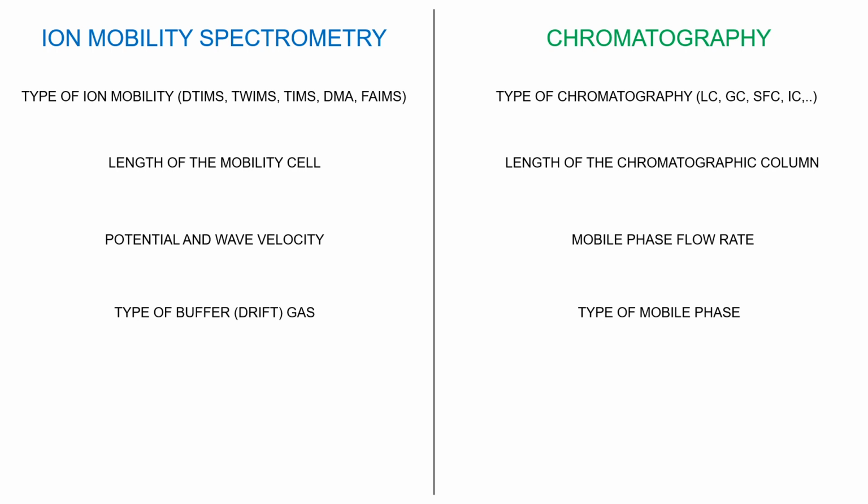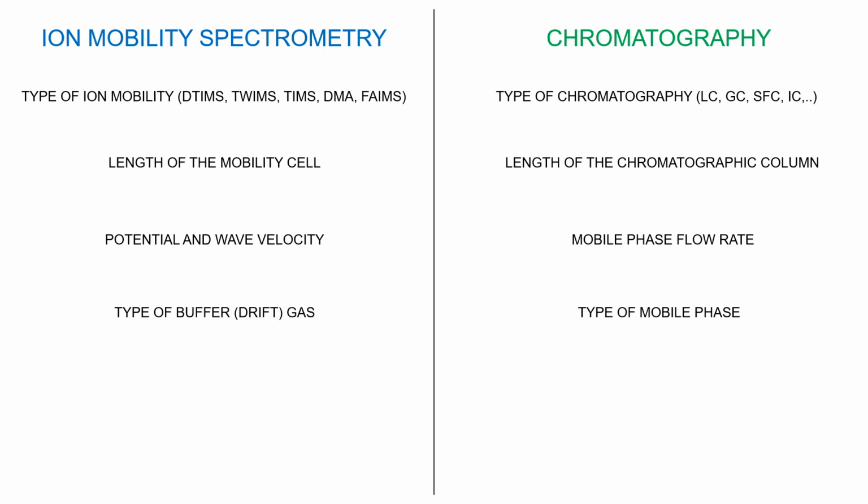It is interesting to note that there is an analogy between ion mobility and chromatography. Both are separation techniques where the types of ion mobility, so drift tube, traveling wave, TIMS, DMA, FAIMS, can be reconducted to the different types of chromatography, so liquid chromatography, gas chromatography, supercritical fluid chromatography, ion chromatography, size exclusion chromatography, etc. The length of the mobility cell can be viewed as the length of the chromatographic column.